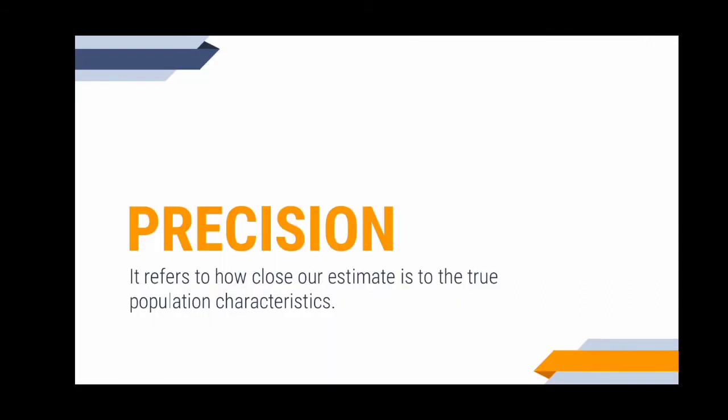First, precision. It refers to how close our estimate is to the true population characteristics. What does it mean? For example, from a study of a simple random sample of 50 of the total 300 employees in a workshop, we find that the average daily production rate per person is 50 pieces of a particular product.